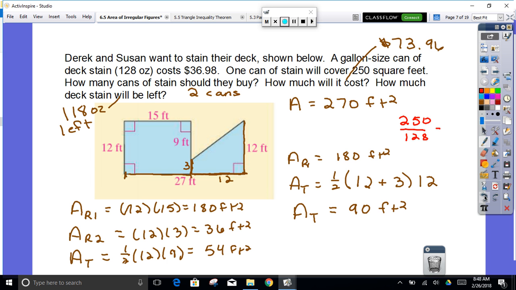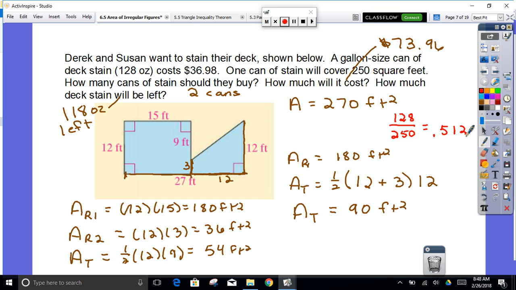Which way did you do it? I did 128 divided by 250 and got 0.512. And what does that 0.512 represent?